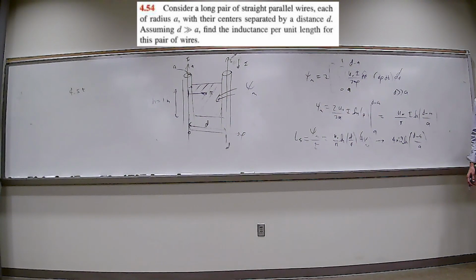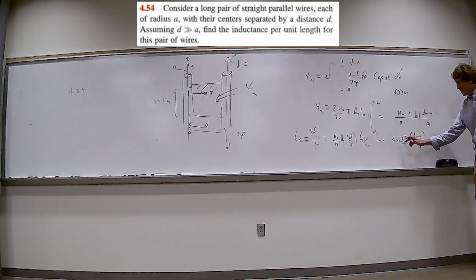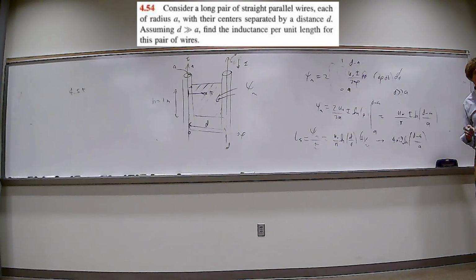No. In fact, he said each wire can be solved using the energy approach, and he does like an L over H. Wait a second. Does he have 4 times 10 to the minus 7 in the front? No, he just uses mu. Someone say it in one coherent answer. Okay, he has his mu naught over pi, that's correct, multiplied by 1/4 plus the natural log of D minus A over A.